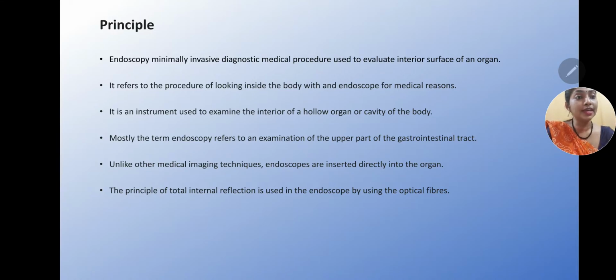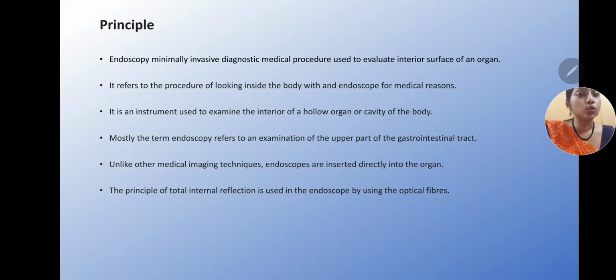Why hollow? If it is not hollow, then the endoscope can't enter. Mostly, the term endoscopy refers to an examination of the upper part of the gastrointestinal tract, but this is no longer the case because it is not only applicable to the gastrointestinal tract, but is also applied to other regions of the body. Unlike other medical imaging techniques, endoscopes are directly inserted into the organ.